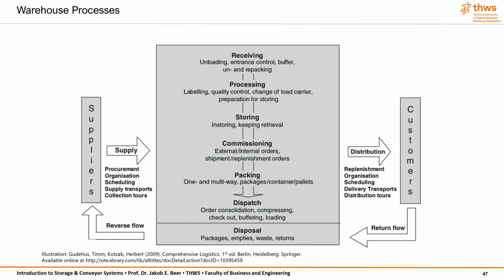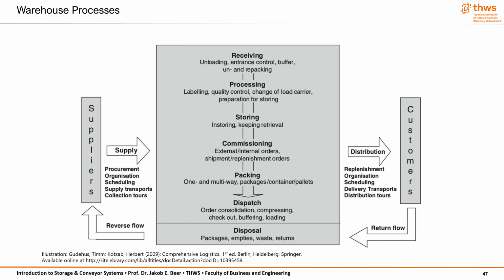Storing also includes considerations like retrieval. Some warehouses optimize storage, not only for space but also for fast and efficient picking later. For example, fast-moving items are stored closer to the picking stations, while slow movers are stored farther away.